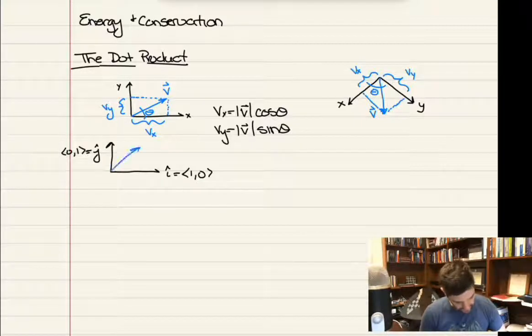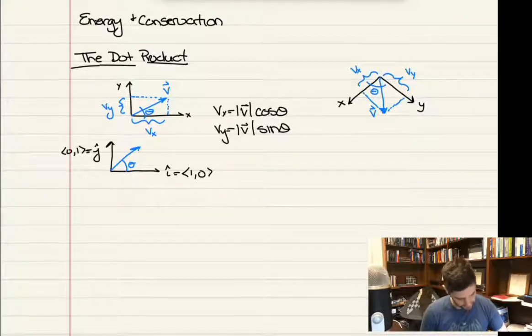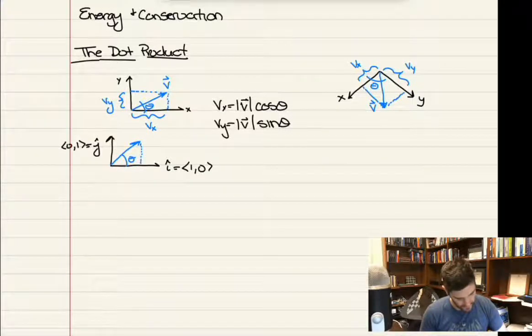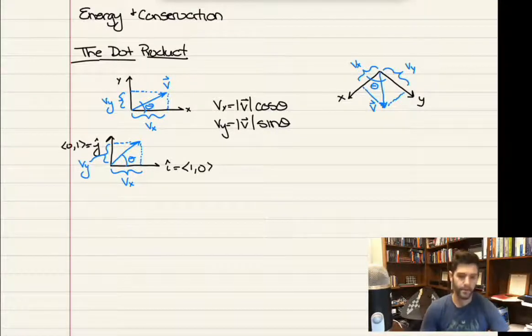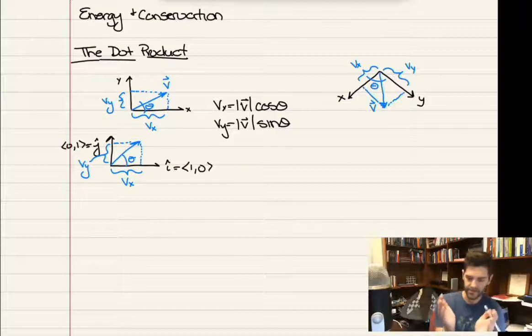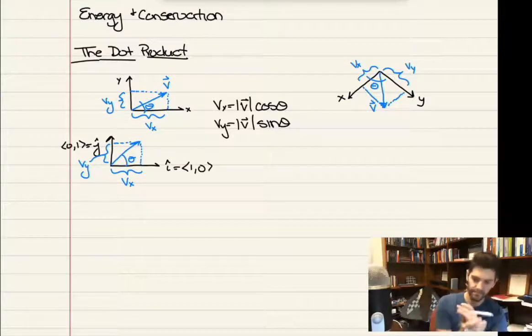And when I have a vector like this that has some angle, when I wrote down Vx, or when I wrote down Vy, what I was doing is I was asking the question, all right, here are these two vectors i and j, and here's my third vector v.